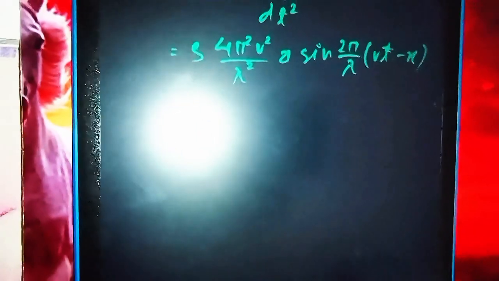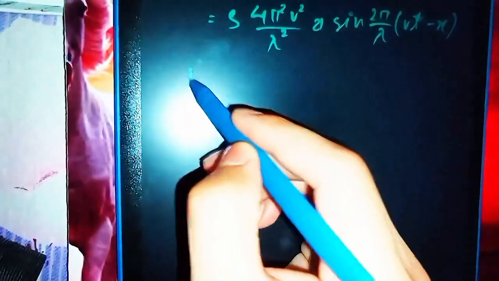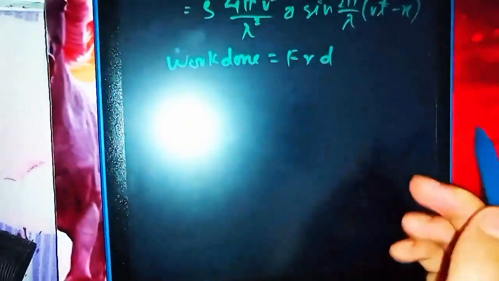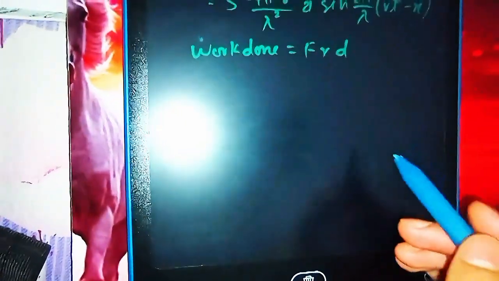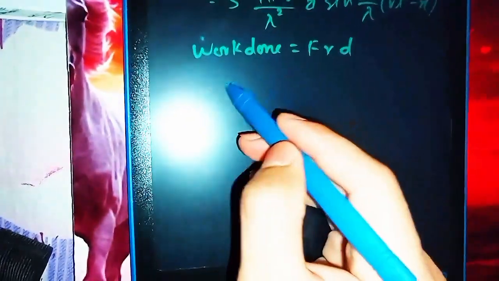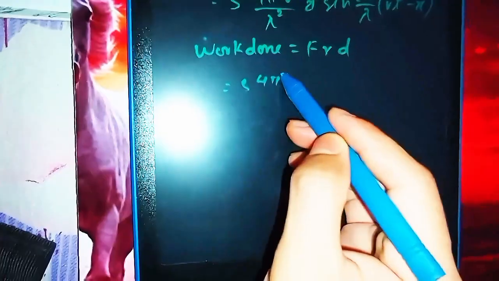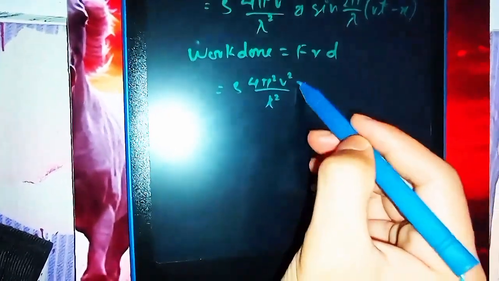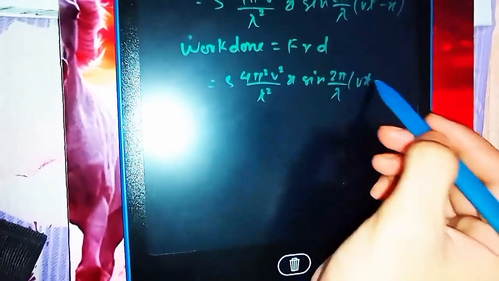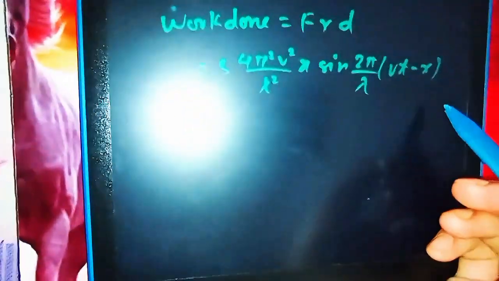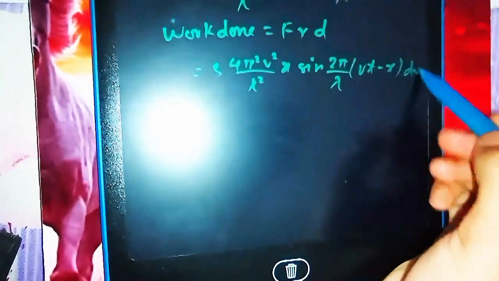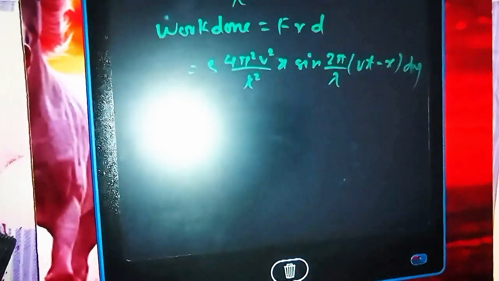Now I will calculate the work done, and work done will be equal to force into displacement. So work done for a small displacement dy of the layer will be equal to the force, that is rho 4π² v² by λ² a sin(2π/λ)(vt − x), into the displacement dy, since we take a very small displacement.